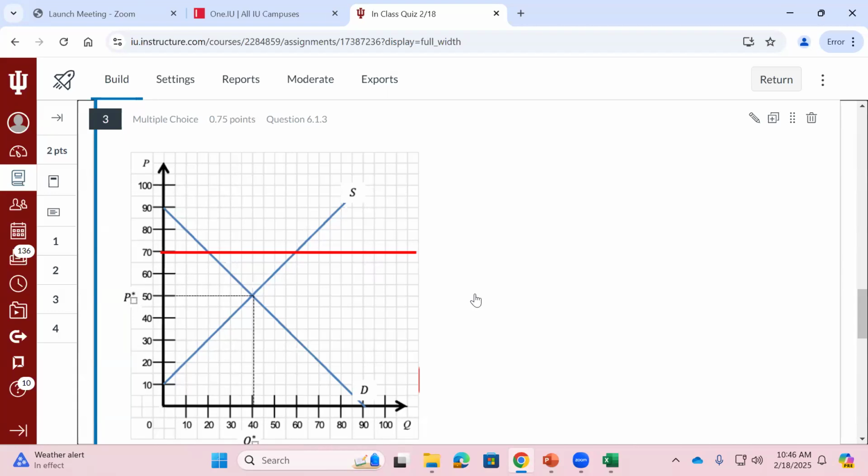So if you increase the price, what's going to happen to consumer surplus? If you're paying more for something, are you going to be better or worse off than before? If you're the consumer, worse. Subtracting a larger value, so what has to be happening to consumer surplus?